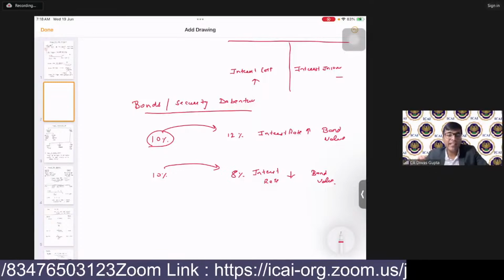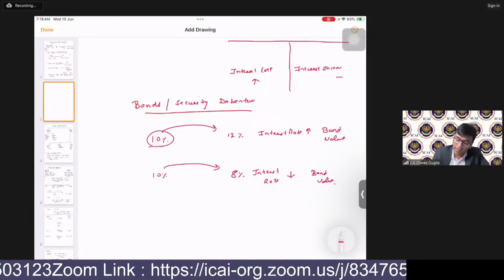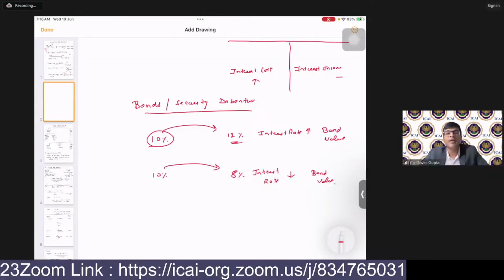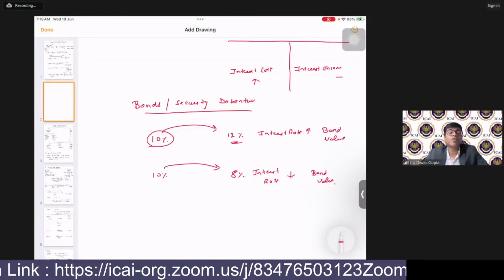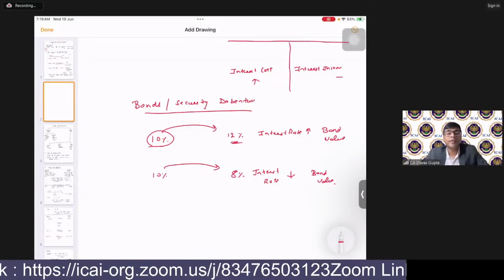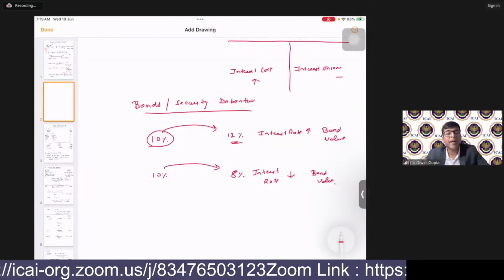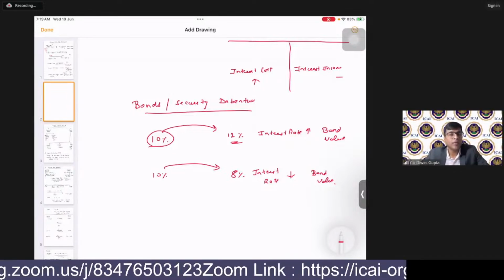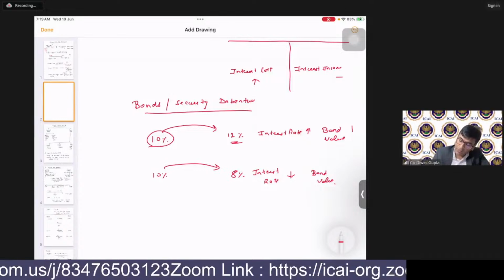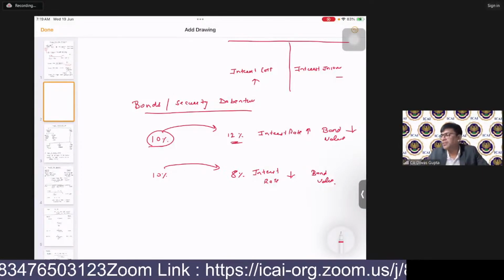People will invest less in the bonds, which are giving 10% return because they will say that market rate is already 12%. Why should I invest in bonds giving only 10%? So what will happen according to that? The demand will come down. The moment demand will come down, the prices of the bond decrease. Okay. So the bond value decreases. I hope you're able to understand the chain now, Abrikesh.